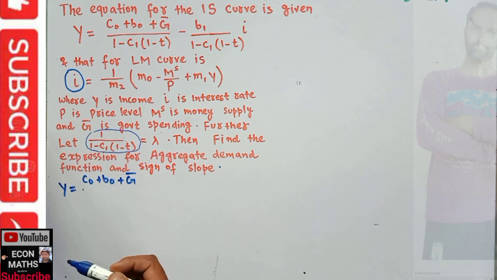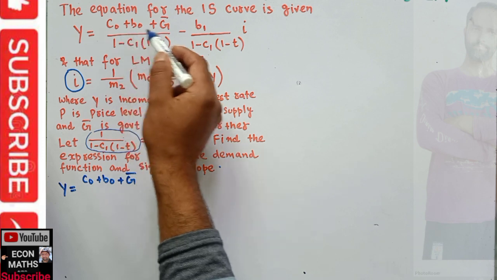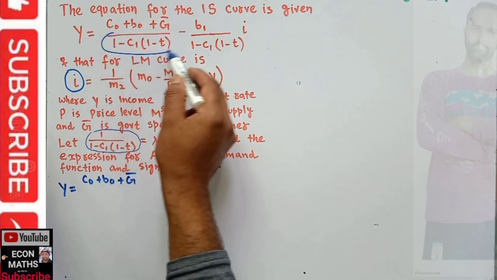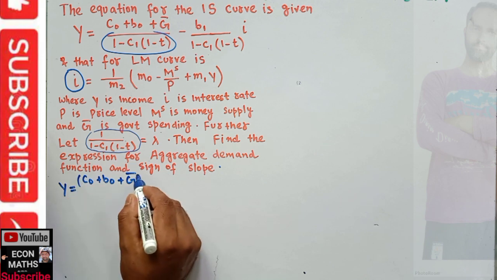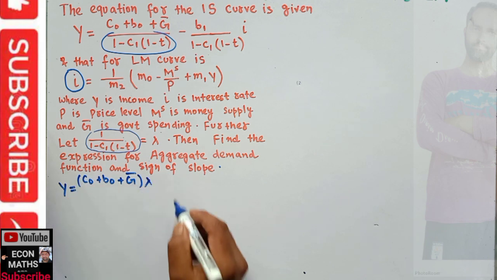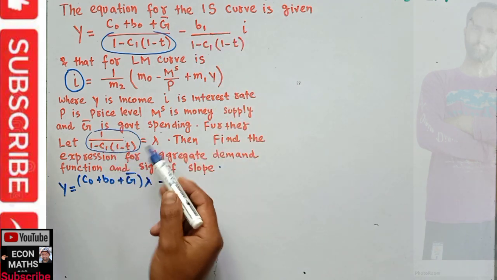We are also told this term is equal to lambda, so I can write it like this. Since we have 1 upon this thing, in place of this I can write lambda. So let me write it here, lambda. Also, 1 upon this term again is equal to lambda.